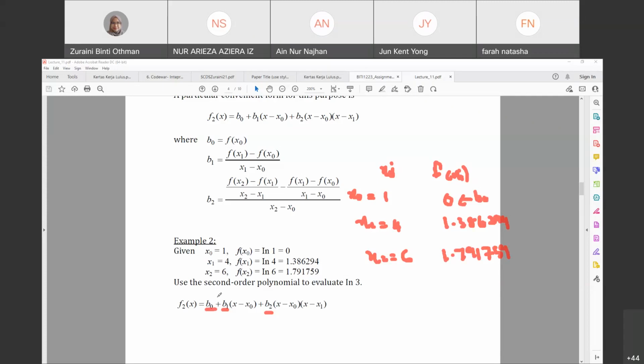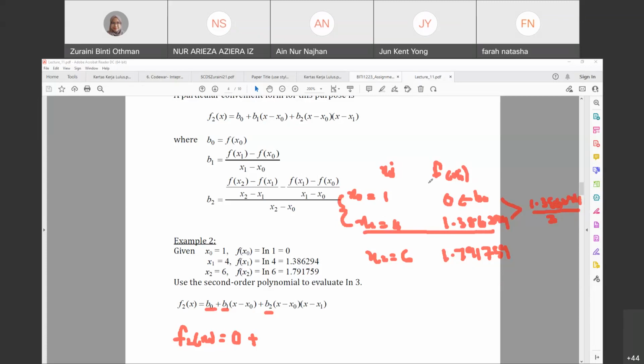Okay, now this will be our B0, because B0 is f(x0). Now for f2(x), B0 kita ialah 0, campur B1. B1 ialah from here, which mean titik ni tolak 0 bahagi dengan 4 tolak 1, which is we get 1.386294, nampak tak ni? Bahagi dengan 3. Kecerunan 2 titik ni.